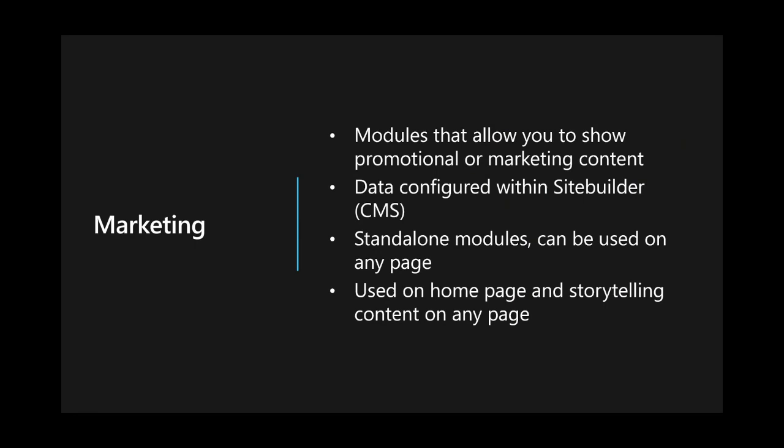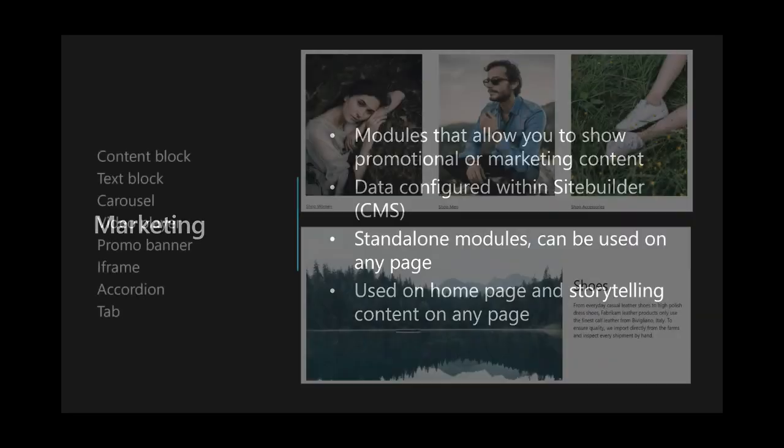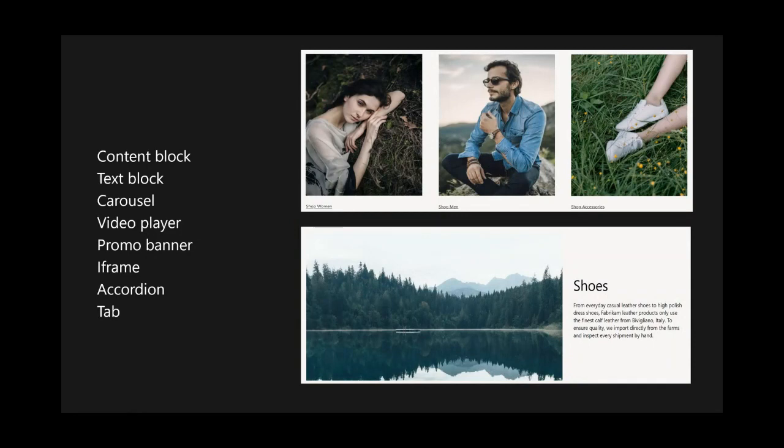All the content can be fully configured within Site Builder, and they can be used on any page, typically on the homepage and marketing pages, but they can also be used for storytelling content on a PDP or a category page or a search page, etc. Examples of marketing modules include content block, text block, carousel, video player, promo banner, iframe, accordion, tab, etc.